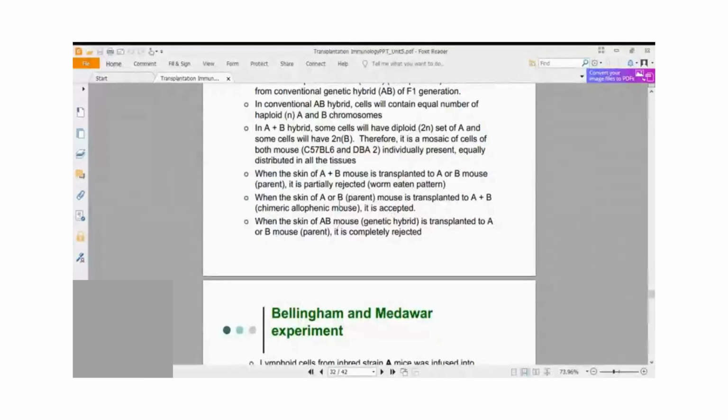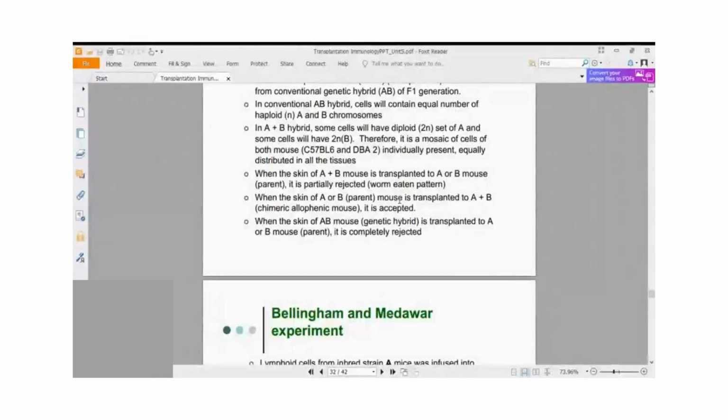Whereas in this case, the skin of both parents, A and B, is accepted by the allophilic mice. So that is a simple experiment by Billingham to explain immune tolerance. Now, how did the tolerance develop in these mice?